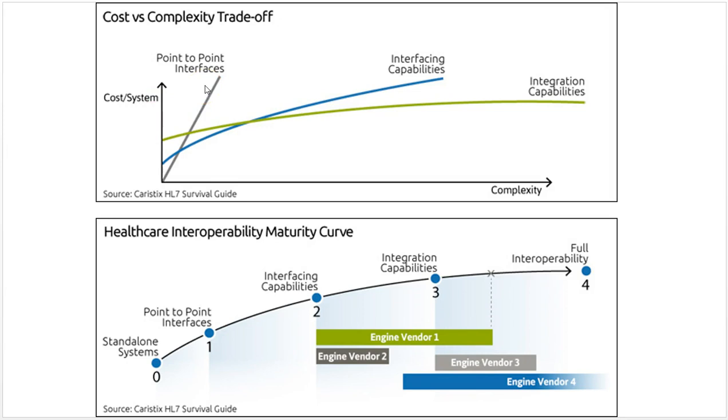If all your systems interface through an interface engine, and we're talking about all the systems in a hospital, it starts out with a very low cost, and then it gets further and further down the complexity axis, gets more complex.